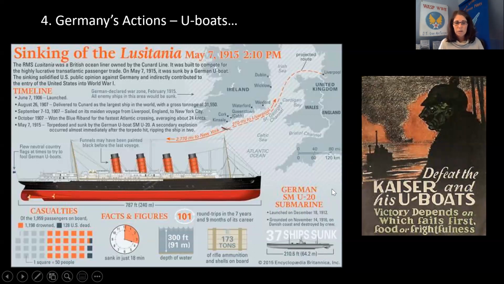They have these incredible submarines, U-boats. The German word is underwater boat, so they're called U-boats. These German U-boats are incredible, and they're wreaking havoc in the Atlantic. Remember, we said that the United States was supplying the Allies with goods to support their war effort. Well, the Germans started sinking them and sinking British ships as well.